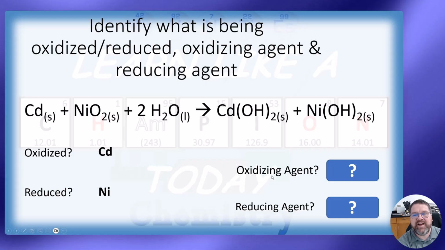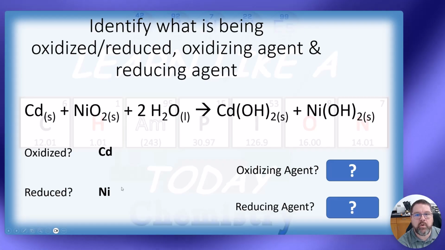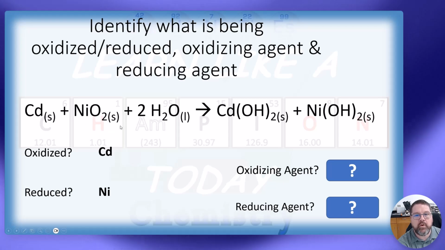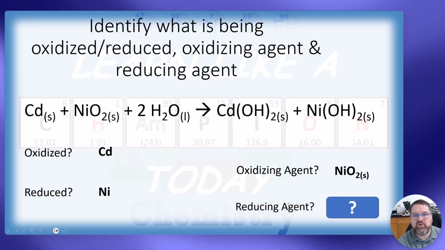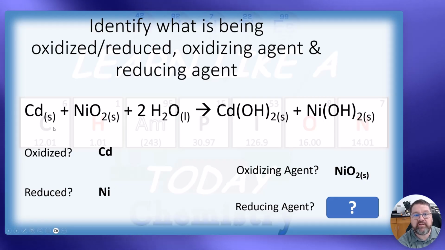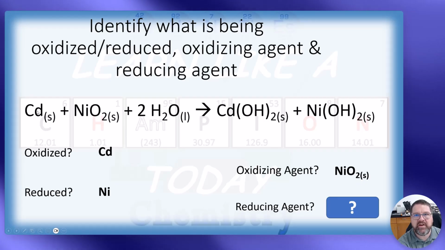All right, the oxidizing agent is going to contain the element that was reduced, that is nickel, so that would be the nickel 4 oxide, the NiO2 solid. All right, the reducing agent is going to contain whatever is being oxidized, and so that is just the elemental cadmium in its solid state.